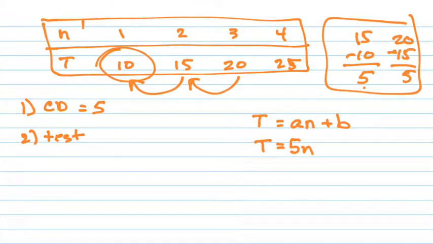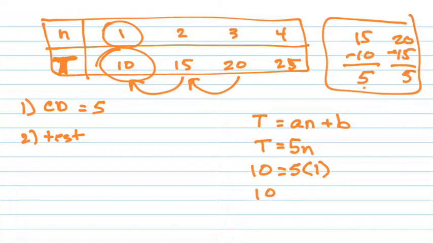That first number is a T value, right? So I'm going to put T equals 5 times, what's the N for that number? 1. And it always is 1. That's why you pick the first one, because it never changes. So we get 10 equals 5. Is that true? No. That tells us that we're going to have either something to add or subtract at the end.